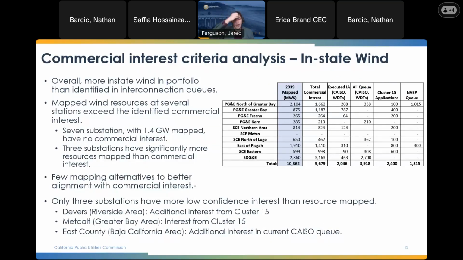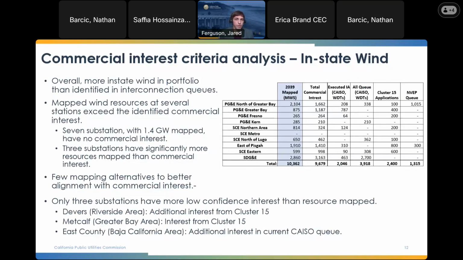This is a summary of the in-state wind resources. The table on the right shows, in that blue column, the amount mapped by California ISO interconnection zone. The next column is the total commercial interest.